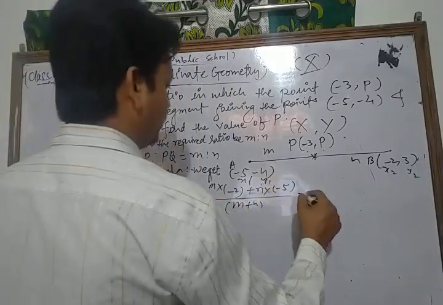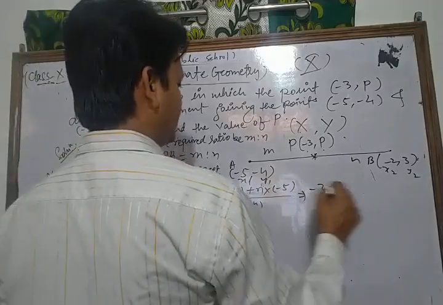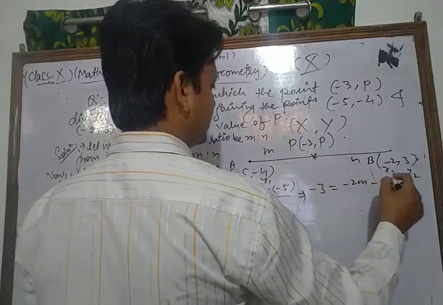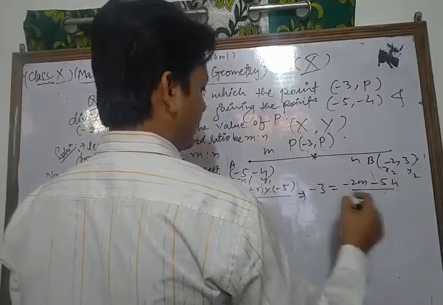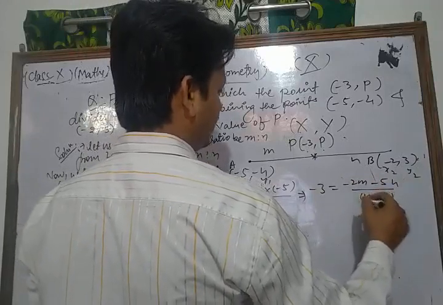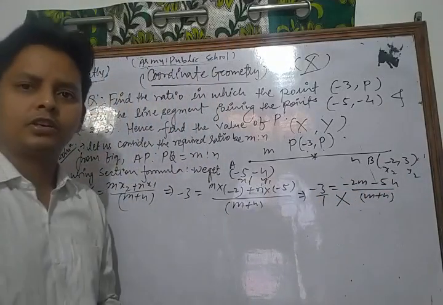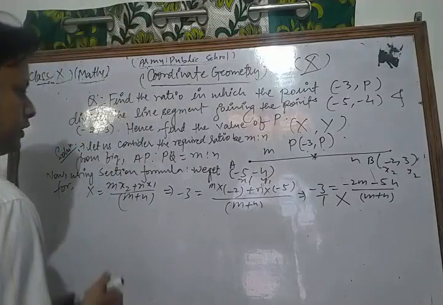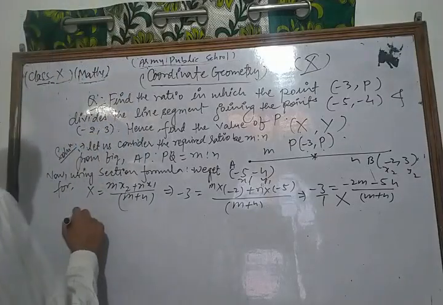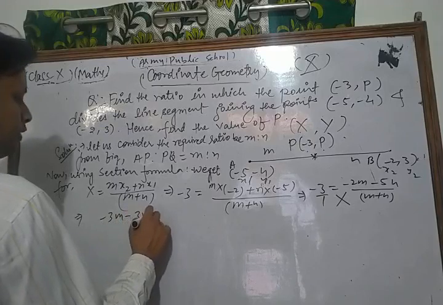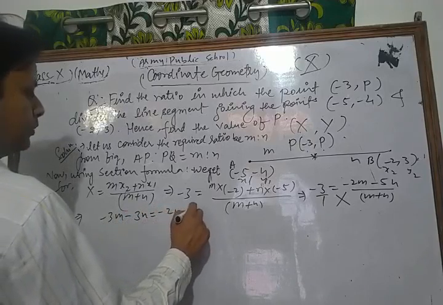Now we can write minus 3 is equal to (minus 2m plus minus 5n) upon m plus n. Now we do the cross multiplication. So we get minus 3m minus 3n is equal to minus 2m minus 5n.